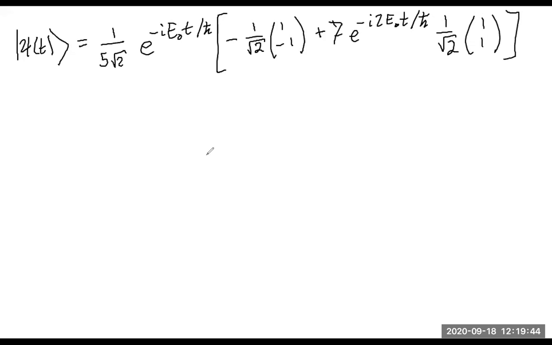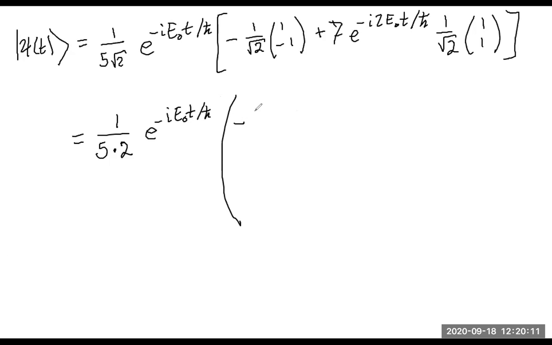So I can write this whole thing. First of all, I have a 1 over square root of 2 in both terms, so I'm going to factor that back out. This becomes 1 over 5 times 2, which is 10, e to the minus i E naught t over h bar. And now I'm going to add all these terms together.